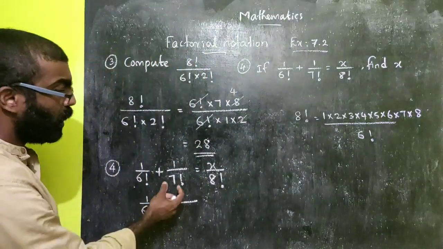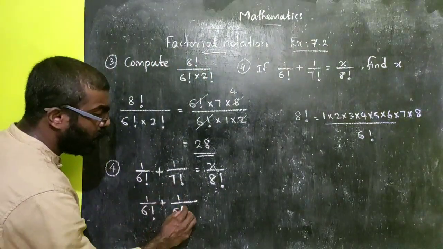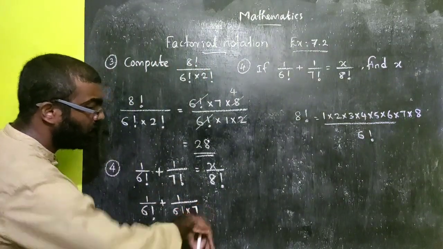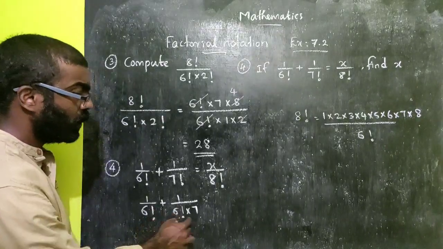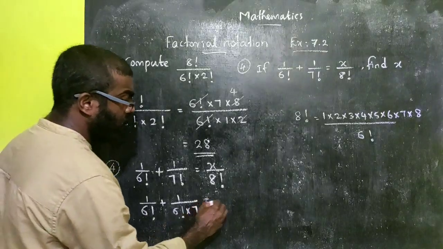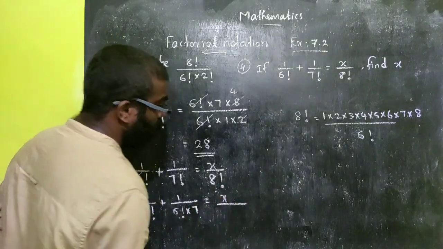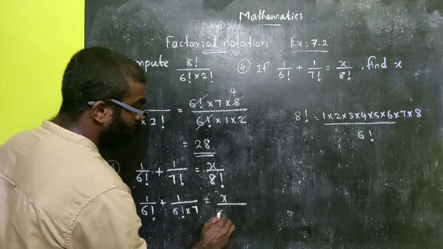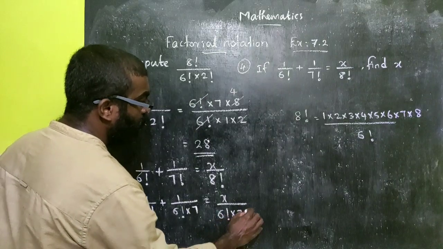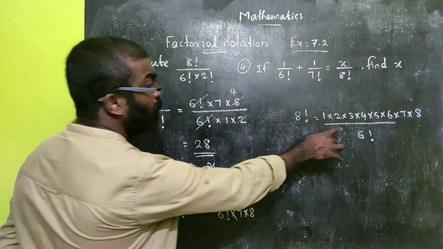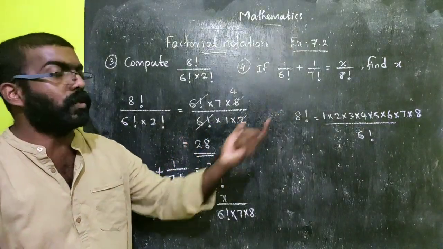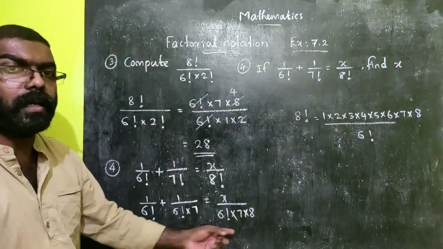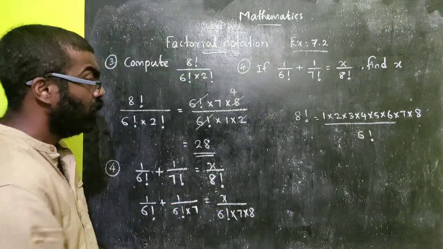If we take up to 6, we can write 6 factorial, then the remaining number is 7. So 7 factorial can be written as 6 factorial into 7, which is equal to x by, here 8 factorial, that is 6 factorial into 7 into 8, like in the previous question. Okay. 1 to 6, 6 factorial, then the remaining two numbers are 7 and 8. We write them as they are.